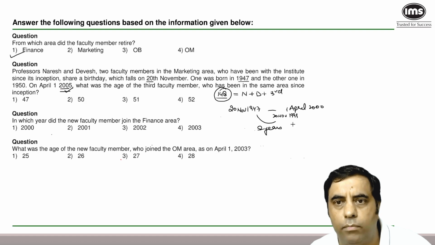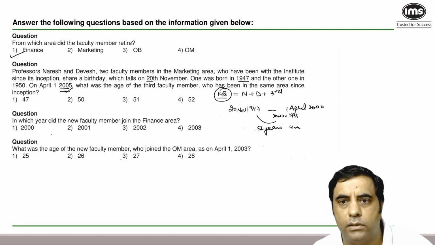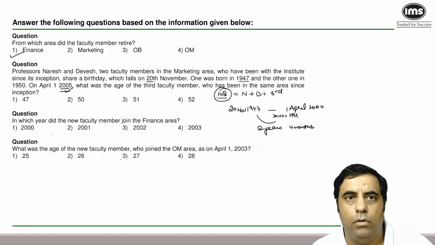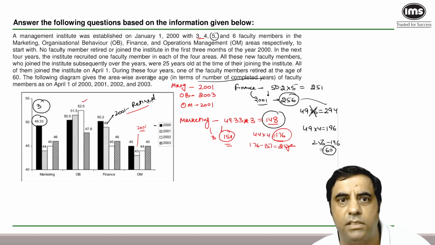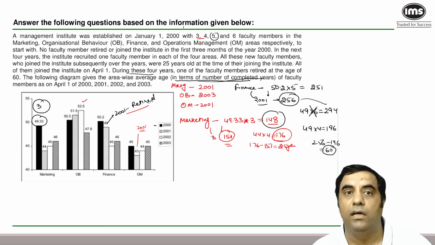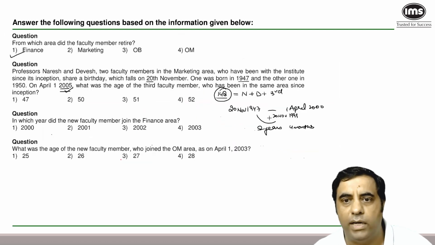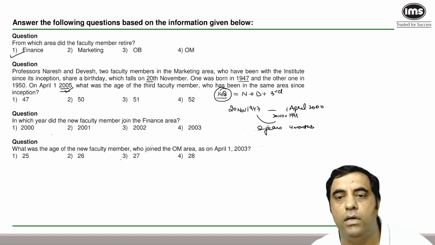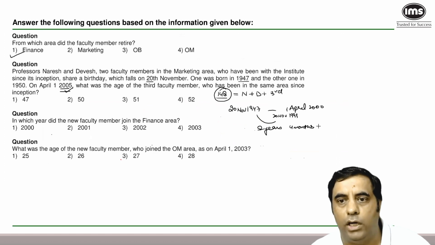And then from 20th November till 1st of April, it's going to be close to 4 months. Now, if you look carefully, the data is given for age in numbers of completed years. So the moment I say the age is 52 years and a few months, it will be taken as 52 years.